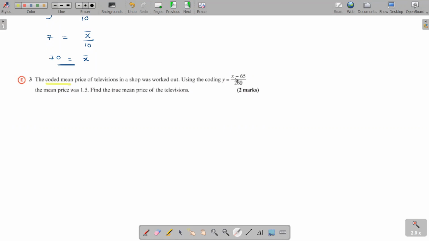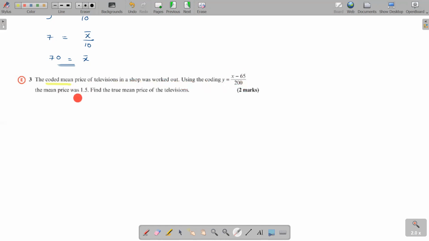Y is equal to x minus 65 over 200. So which means y is the coded data, x is the original data. You need to understand it because sometimes they interchange these variables. Okay, so x is the original, you just subtract 65 divided by 200 and that gives the coded data for y. Okay, this is the coded mean price of a television in a shop that was worked out using this coding.